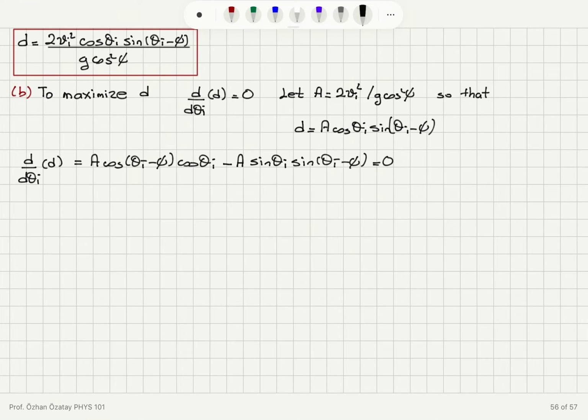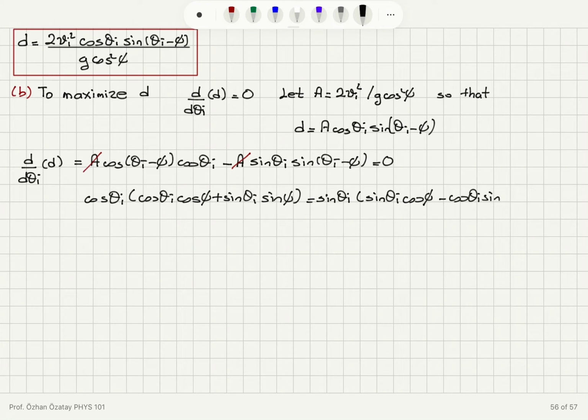So if I open this up, I have cosine theta initial multiplied with cosine theta initial cosine phi plus sine theta initial sine phi must be equal to, because the a's cancel here, sine theta initial times sine theta initial cosine phi minus cosine theta initial sine phi.